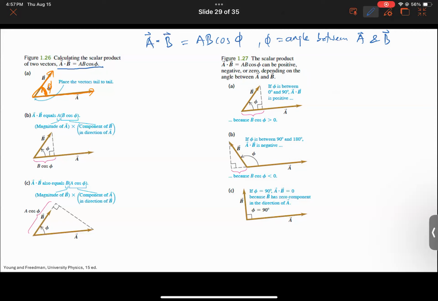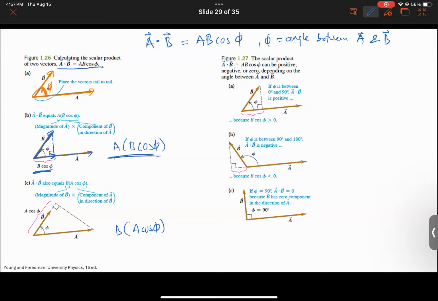Okay, now how do we interpret ang scalar product? Basically, it's just the projection of A onto B or the projection of B onto A. Okay, so pag mathematically, this is AB cosine phi, and this is BA cosine phi. Geometrically, we're actually taking the component of B along the vector A. So kung ito ay vector B, tignan natin yung component niya along this line. Ito yung component niya, at yung component niya is B cosine phi. And then we multiply B cosine phi with A, and that's AB cosine phi.